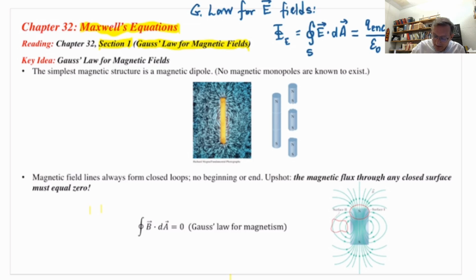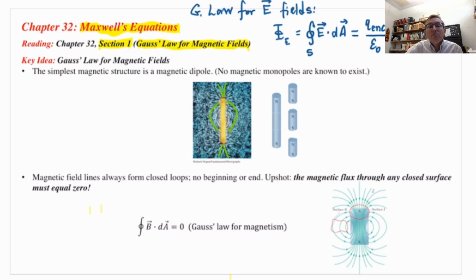And the picture on the left is a bar magnet with some iron filings scattered around it and then illuminated so that you can see it. And you can kind of see the structure of the magnetic field lines by looking at how those little iron filings are lining up, like that.